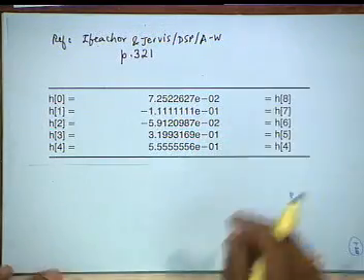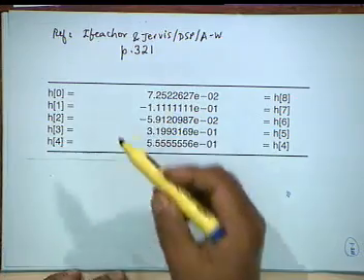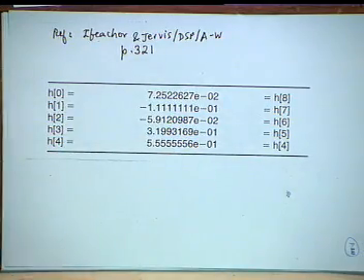Now, if you do this, then the corresponding H of n, all you have to calculate is half of the number, and these will be based on one real sample, that is 1, and 2 complex conjugate samples which will give rise to a cosine.